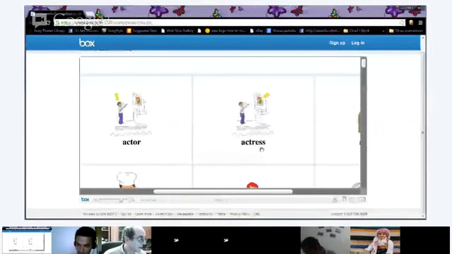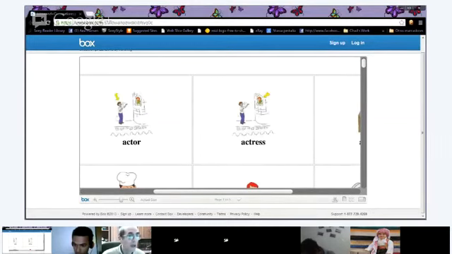Good. So, everybody hear what Halwani said? An actor is male. Actress is female. And they both do the same type of job.